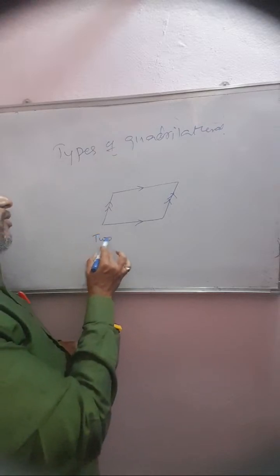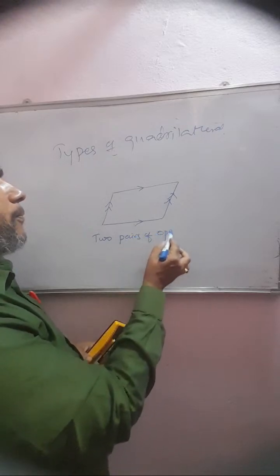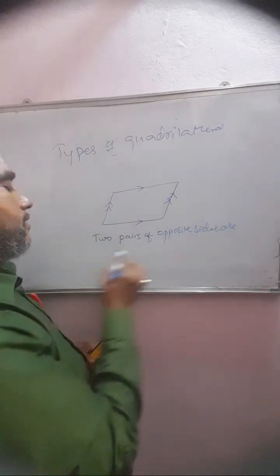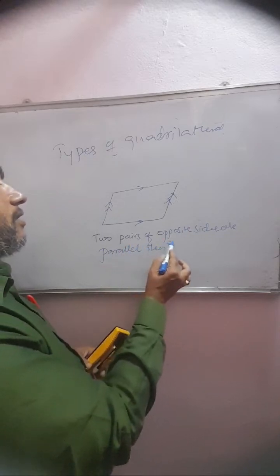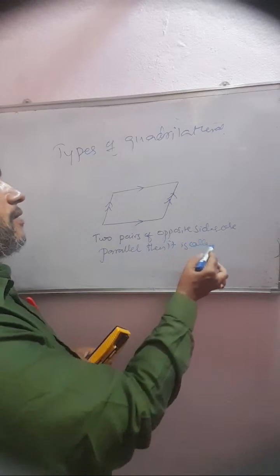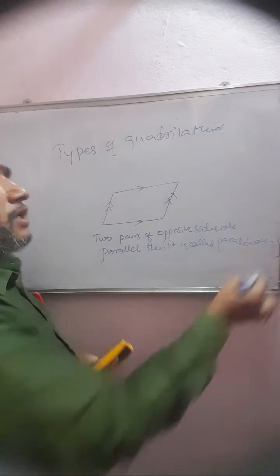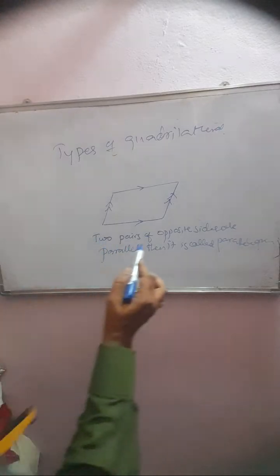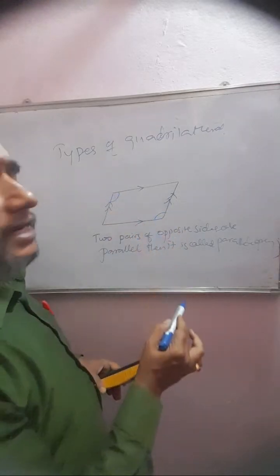So you note down: if two pairs of opposite sides are parallel, then it is called a parallelogram. In a parallelogram, opposite angles are equal.